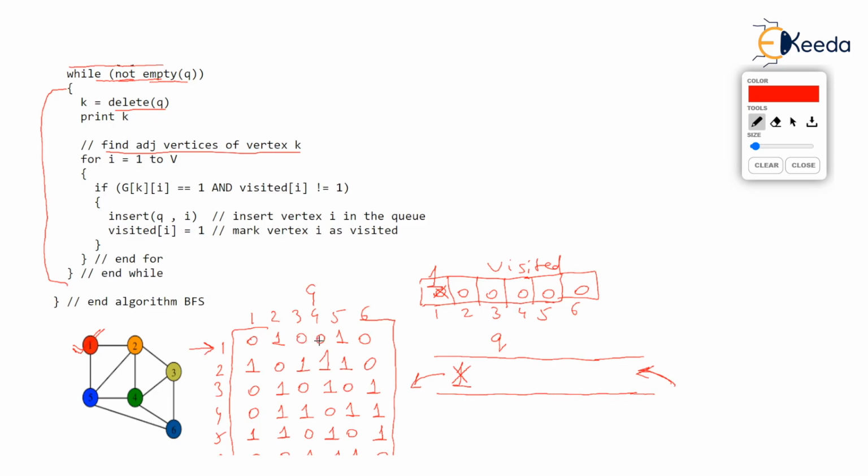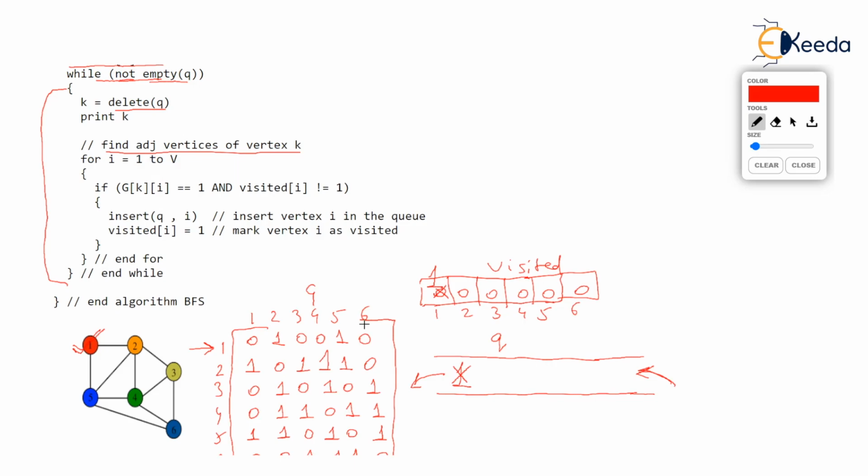Whichever columns have entry 1, that column number is the vertex which is adjacent to 1. So who are adjacent to 1? Vertex 2 is adjacent because column 2 is having 1. Vertex 5 is adjacent because column 5 is having 1 in row 1. So to do this, we will keep the row number as k. k is 1, remember. And the column number will be varied from 1 to 6.